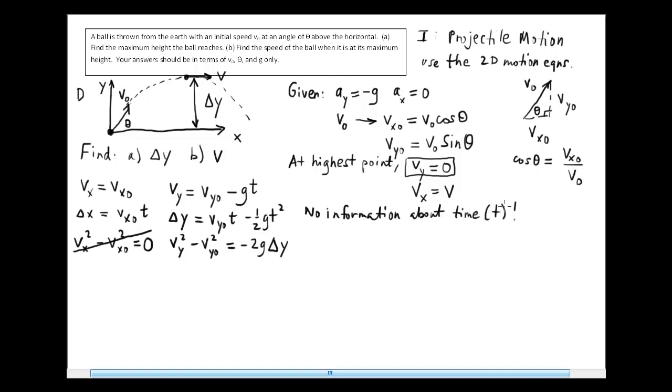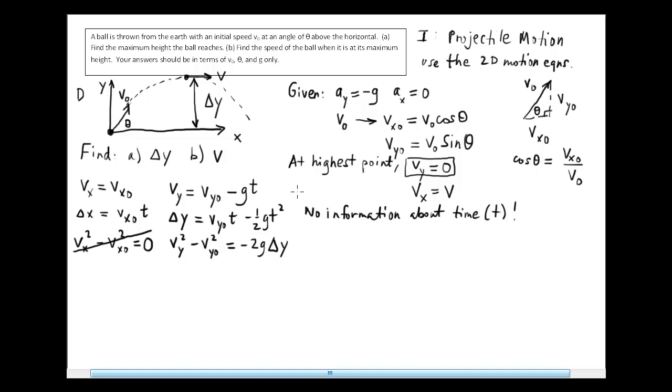All right, since we have no information about that, we might think that we might want to use this last equation, because this last equation relates delta y to Vy, which we do know something about, right? We've just written that down, and Vy0, which we also know an expression for here. So that turns out to be the direct and simplest way of answering the question, using this last equation with the squared terms and the velocity.